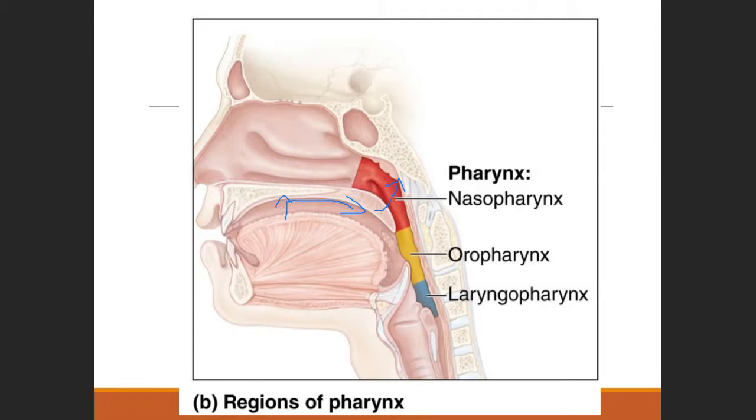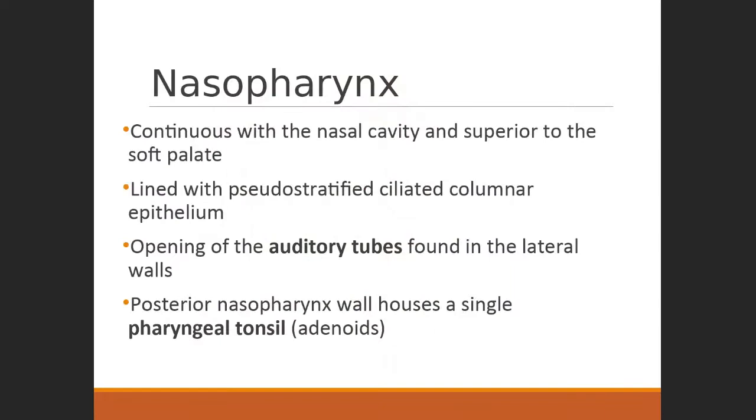So we use the border of the nasopharynx as the soft palate, but only while the soft palate is relaxed. It's one of those things we always have to account for whenever we're using a movable piece of anatomy as a landmark border. We do have a set of tonsils associated with the nasopharynx. We have our pharyngeal tonsils, otherwise known as the adenoids.